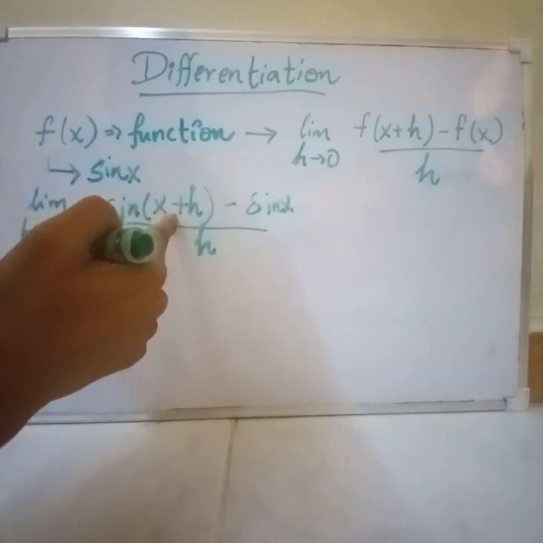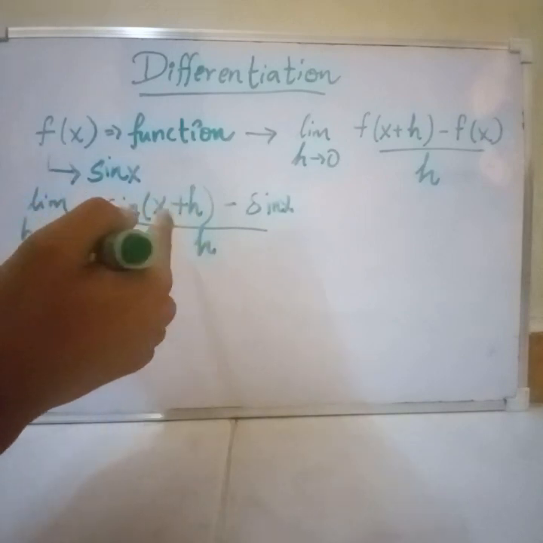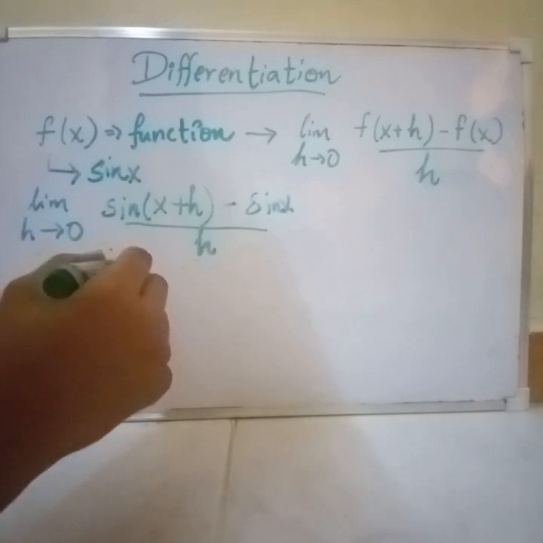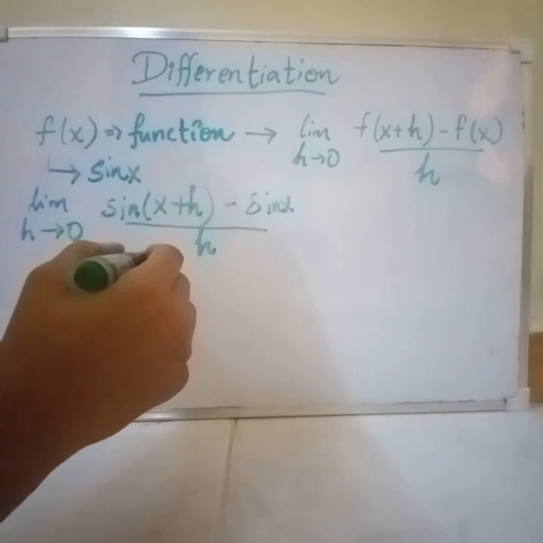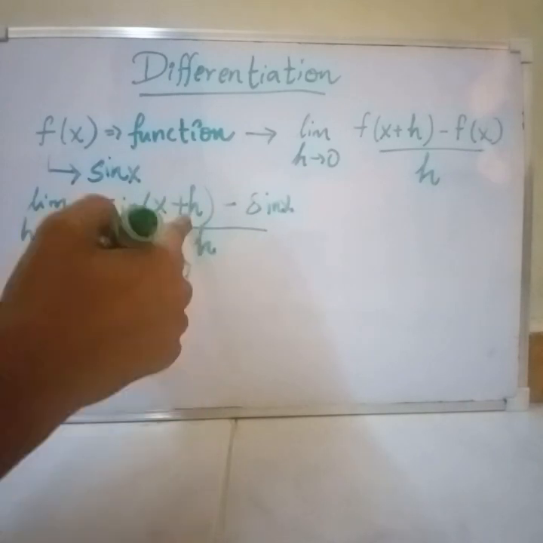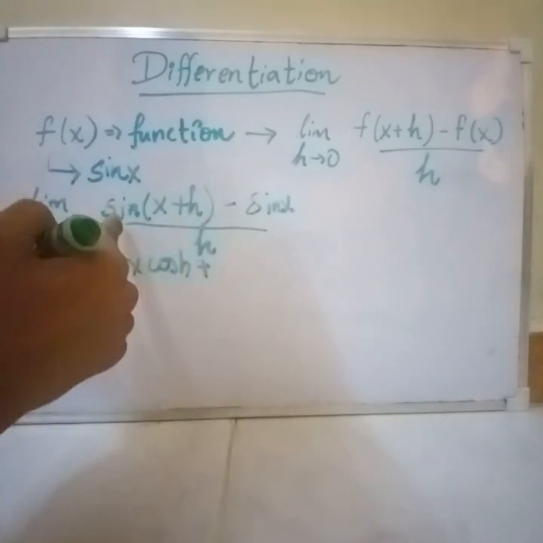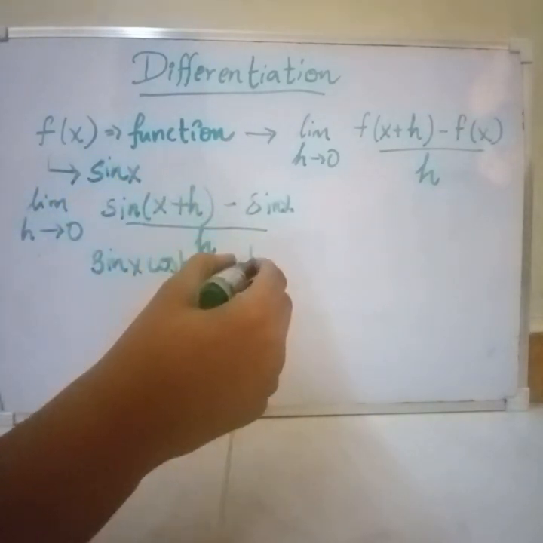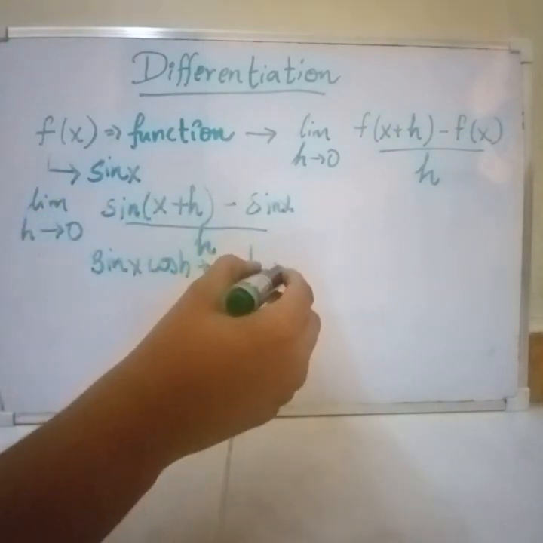Since this is having two angles added together, we will be using this formula: sine of the first part times cos of the second one, plus sine of the second one times cos of the first one.